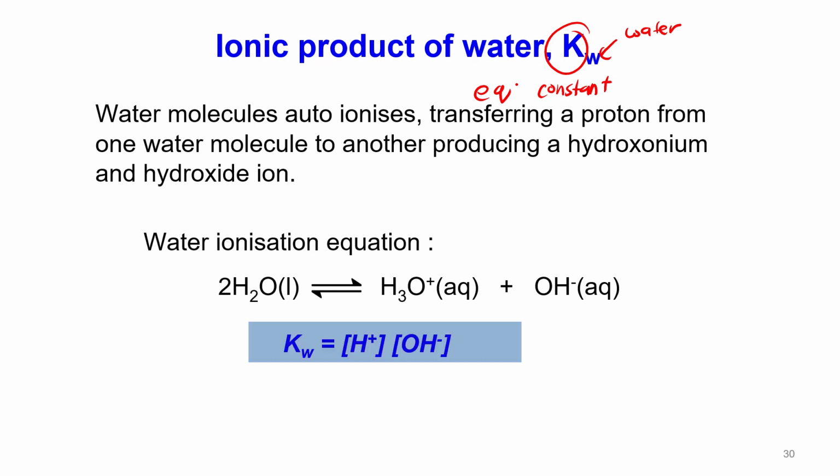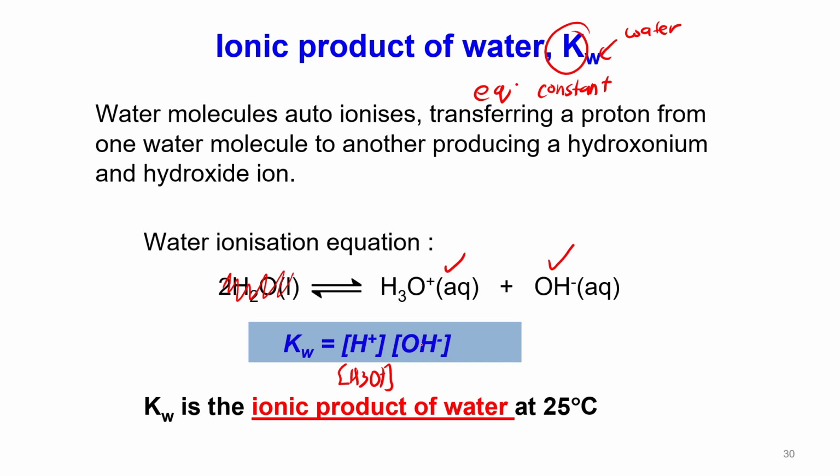From the expression, which we learned last time, concentration of product over reactant. Because H2O is liquid, we don't include it in the expression. So Kw equals the concentration of H plus or H3O plus times the concentration of OH minus. And Kw is known as the ionic product of water.